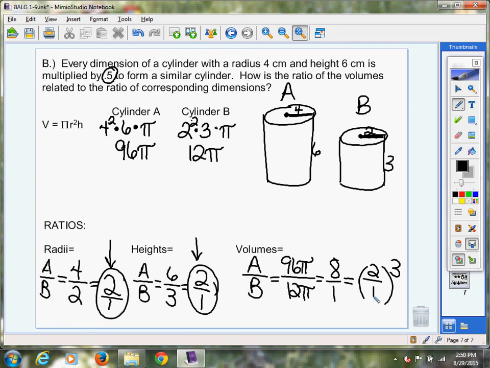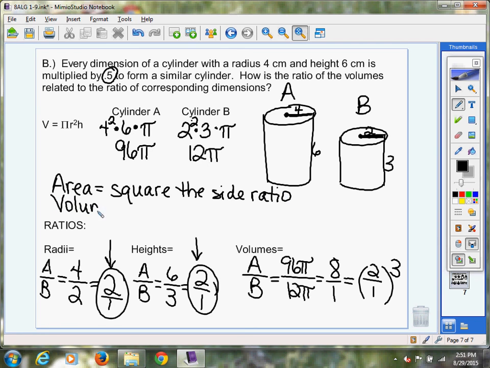So remember, area, you square the side ratio, because there's two dimensions. Area is only two dimensions. Volume, you would cube, raised to the third power, cube the side ratio. That's the difference between the two.